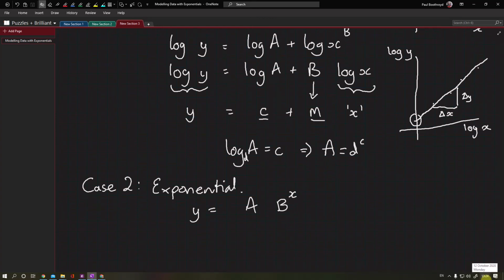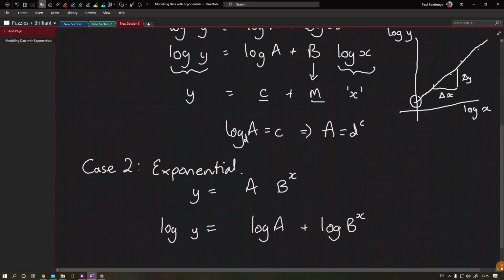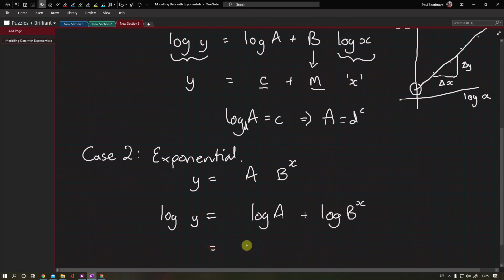This time, if we do the log of both sides, we get log y equals log a plus log b to the x, which then equates to log a add on x log b.